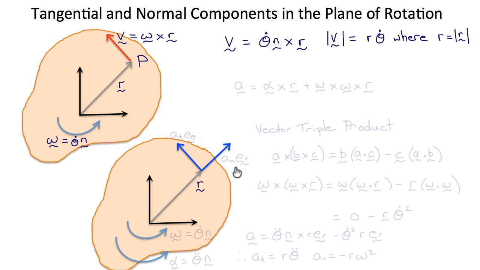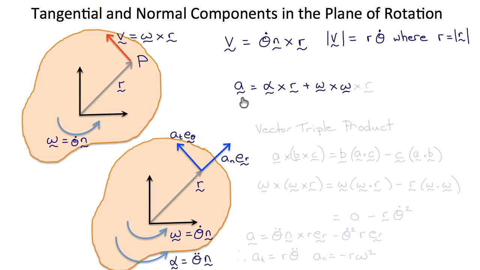Now let's consider the tangent and normal components of the acceleration. Again, omega equals theta dot n, and alpha, the angular acceleration, equals theta double dot n. And the acceleration vector, a, has a tangent component parallel to the circumferential unit vector e theta, and a normal component parallel to the radial unit vector er.